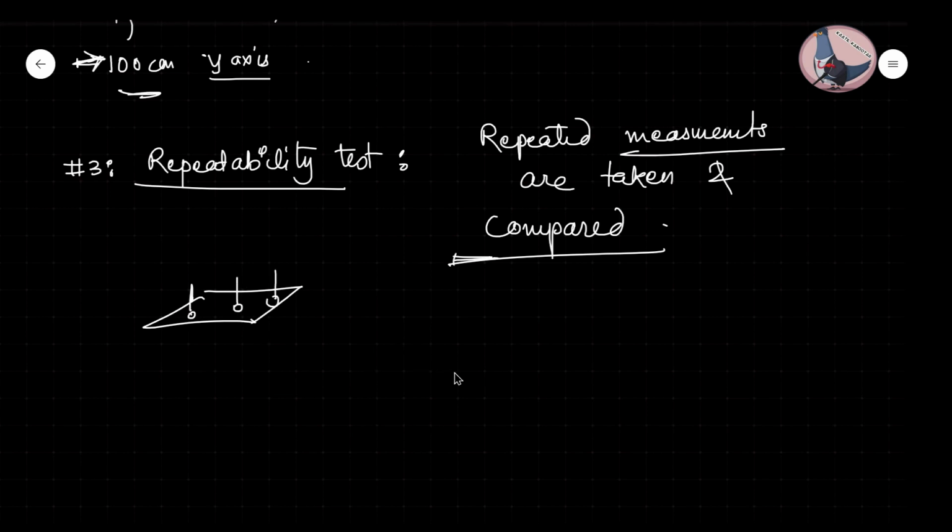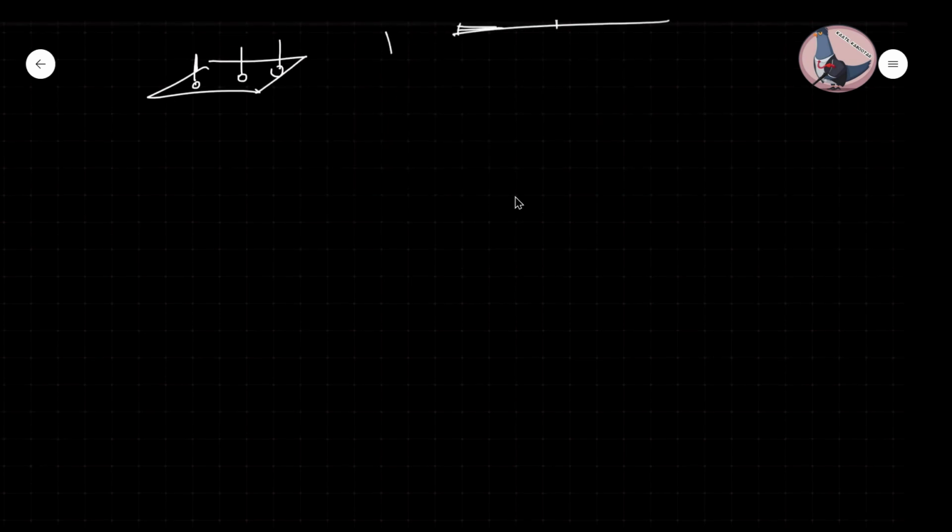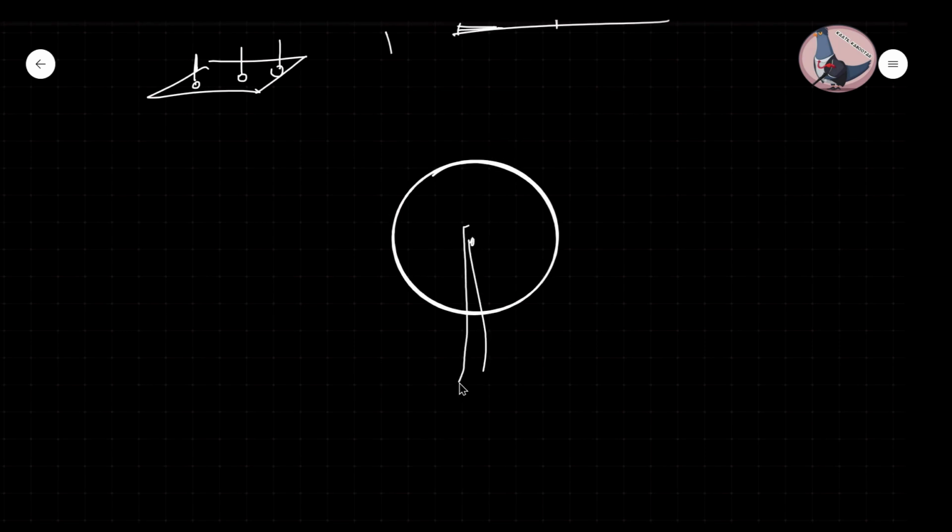No. Generally, we go for spheres. Now, of course, you will ask me why spheres, why not something else? Spheres are used to do multiple readings. We will take some sphere, mount it on a pedestal, and then try to take multiple readings of this head.